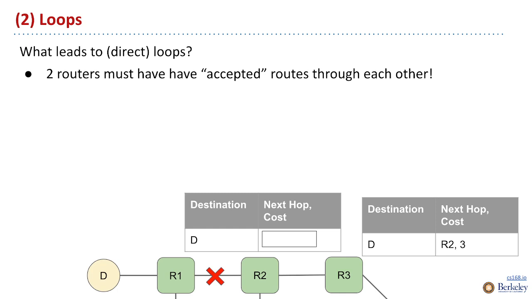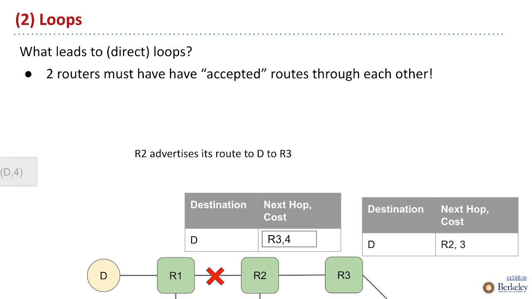But R3 is going to advertise saying it has a path to the destination. That advertisement comes in, and R2 is pretty happy about that because it no longer has any way to get to D, so it's very happy to hear that R3 does have some sort of way to get to D. So R2 accepts that, says my next hop is R3, the path cost is 4, which was the cost of R3 plus the one hop cost to get to R3.